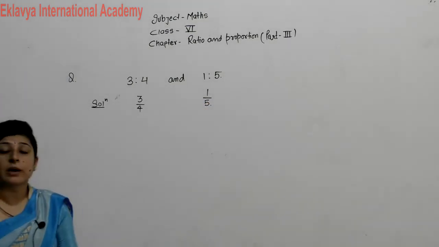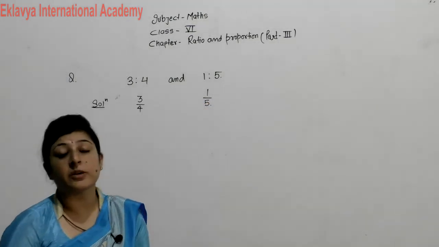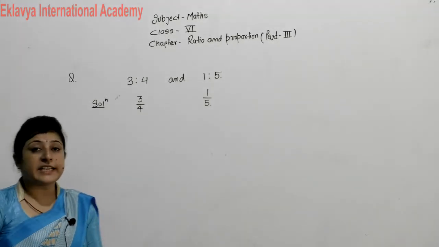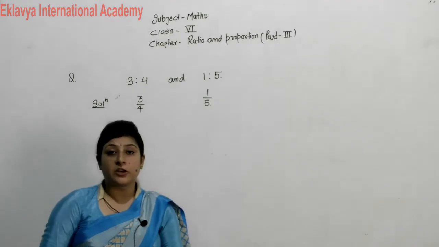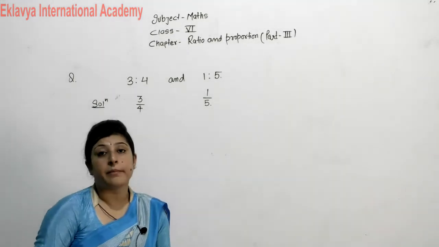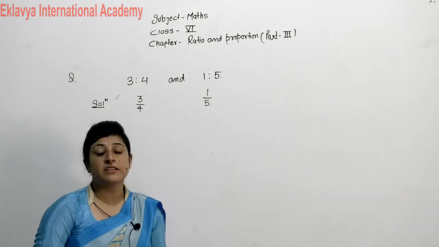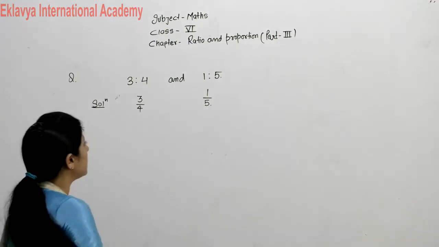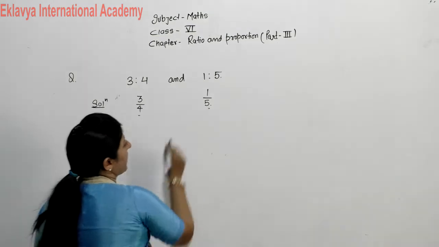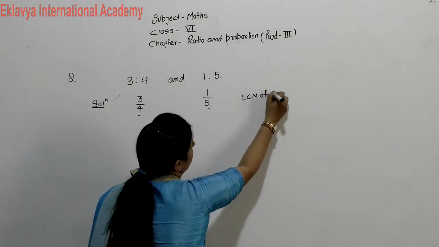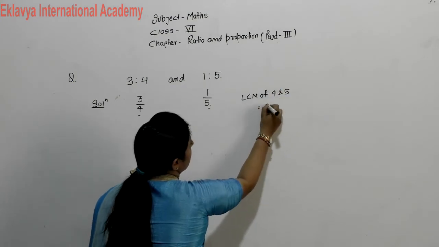Then, as you compared fractions in previous chapters, firstly take the LCM of the denominators, then make the denominators the same in both fractions, and after that we will compare. Here there are 4 and 5, so the LCM of 4 and 5 is 20.